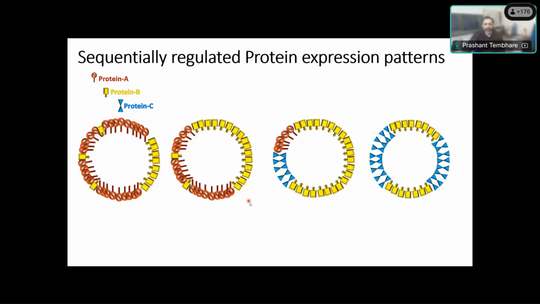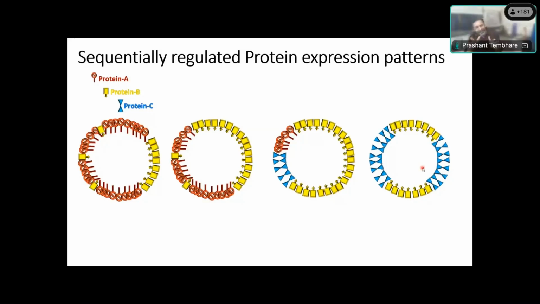If we have an equal distribution of proteins A and B, then it is the next stage. If we have all three, but only protein B is high and the other two are small in amount, that is a typical metamyelocyte stage. And if we have only proteins B and C and no protein A, that is the terminal stage. So based on the density of protein, we can correlate with the morphological staging.